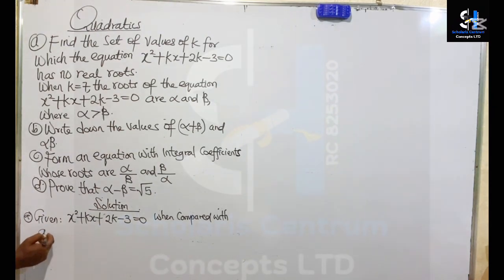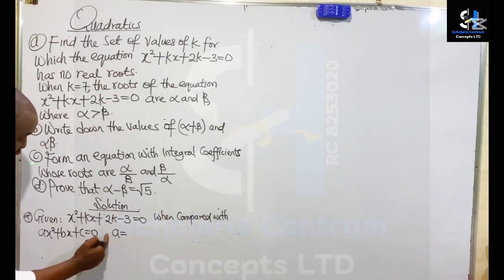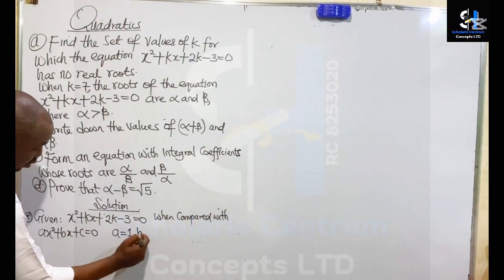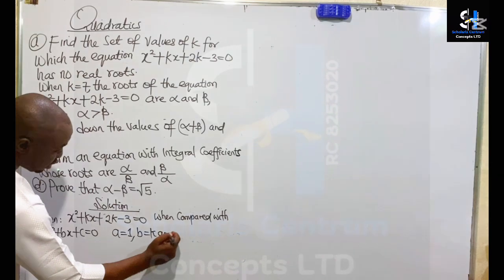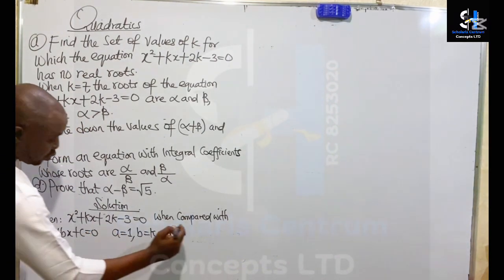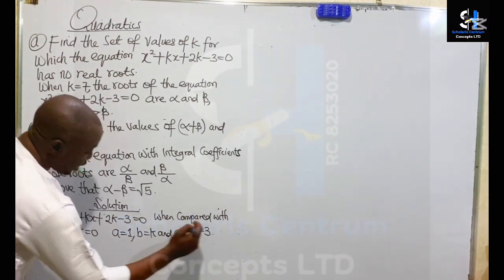Now when compared with the general quadratic form ax squared plus bx plus c equals 0, we know that a in this case will be 1, b will be k, and c will be 2k minus 3.